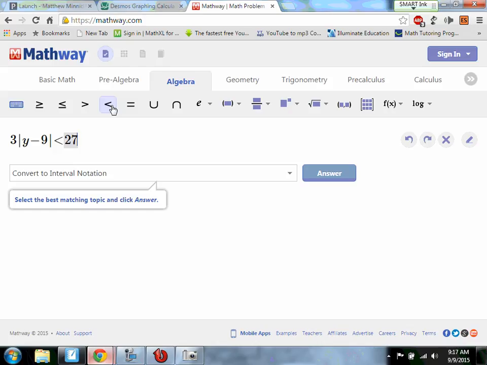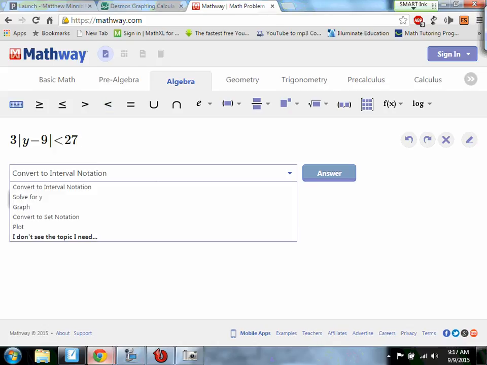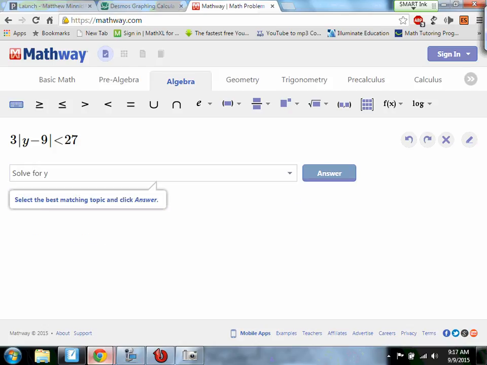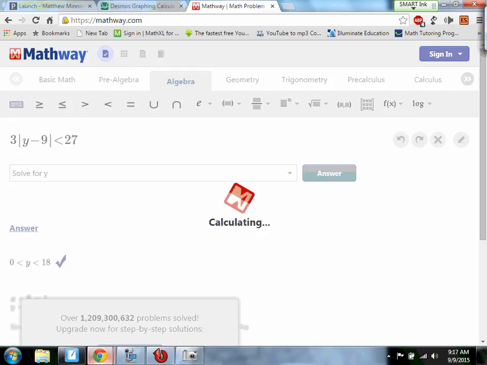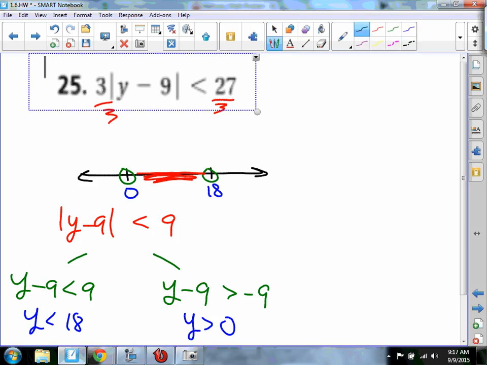No, that's not what I want, Mathway, so you're not as intuitive as you used to be. Solve for y, yeah. Graph, yeah. So maybe I want to solve for y first. Mathway writes y between 0 and 18, which is actually the right way to write that. y is between 0 and 18.